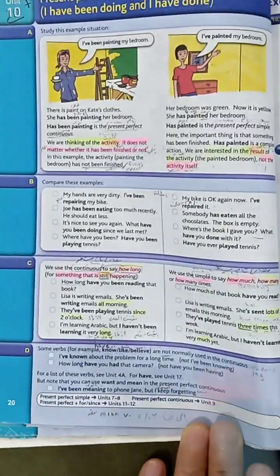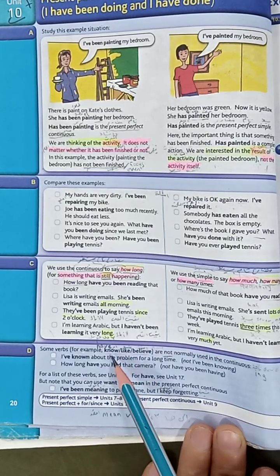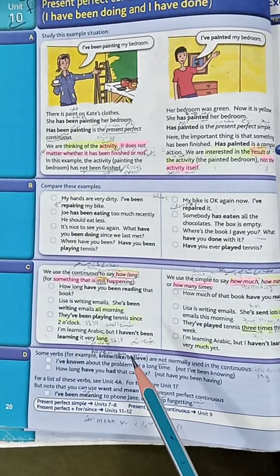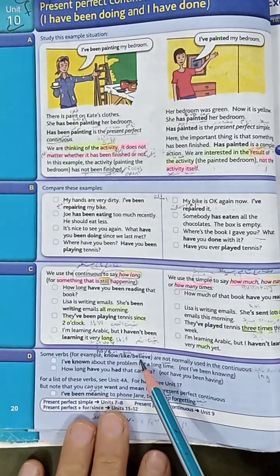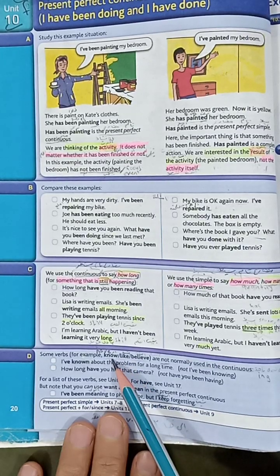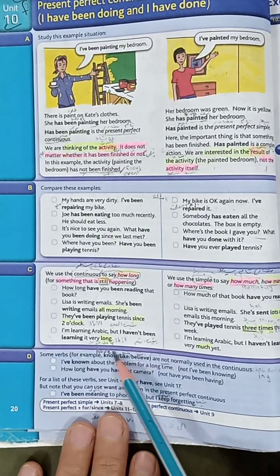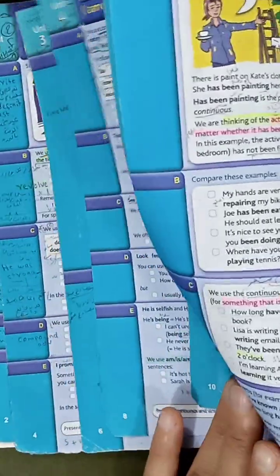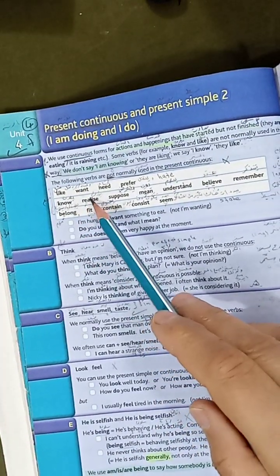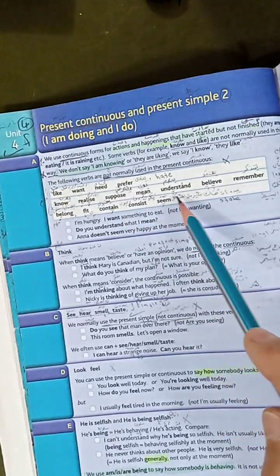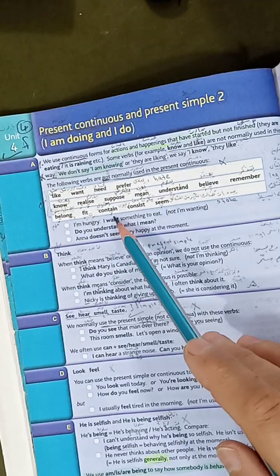We have notes here. We have many verbs of stative kind, for example, know, like, believe, not in a dynamic way. These verbs and other verbs, we studied them, if you remember, here in unit 4: like, want, need, prefer, hate, know, realize, suppose, mean, understand, believe, remember, belong, fit, contain, consist, seem.